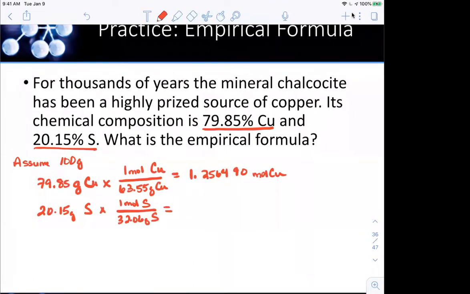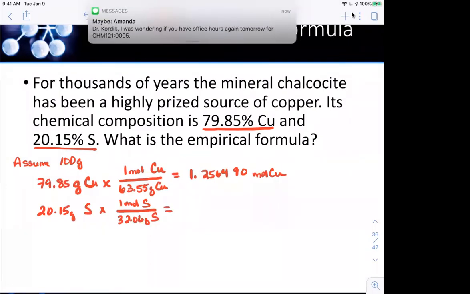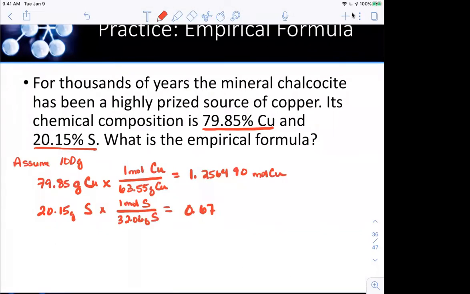So that gives me 20.15 divided by 32.06. That gives me 0.670326 moles of sulfur.